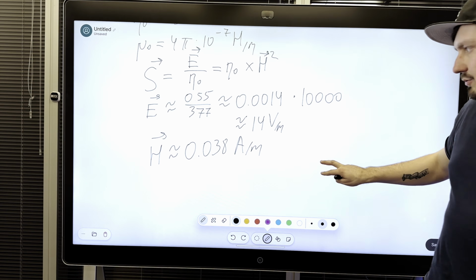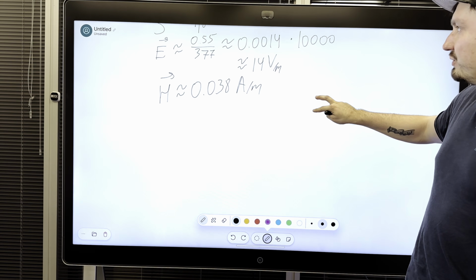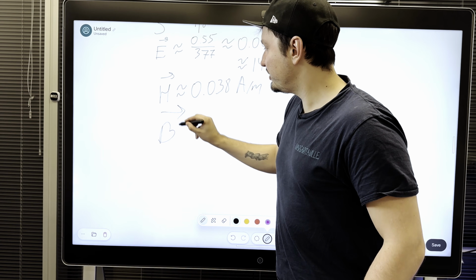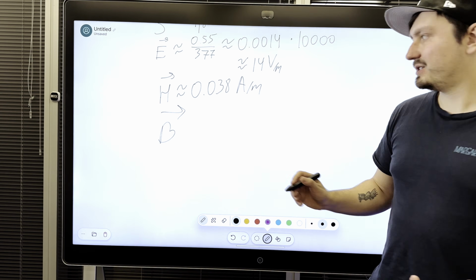And the last equation that I'm going to share with you today is going to be the calculation of B, which is the magnetic flux density.